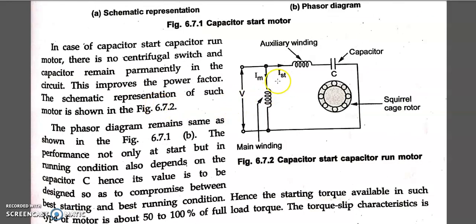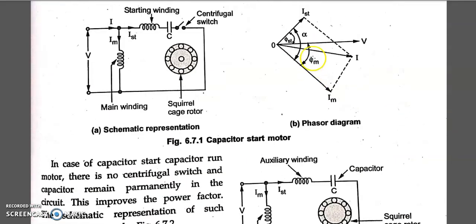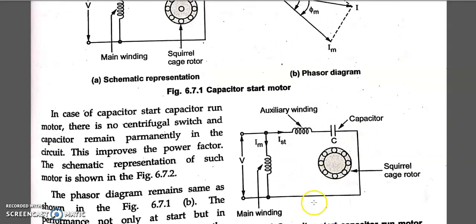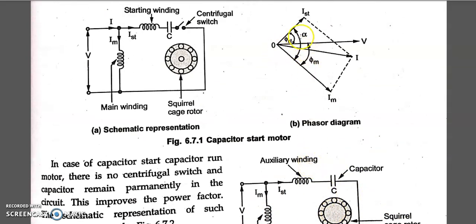Now let us see the capacitor start capacitor run induction motor. Here we don't have any centrifugal switch. The same thing happens here. I supplies IM and IST. Again IM lags the voltage by less than or equal to 90 degrees, and IST leads the voltage, and the same phasor diagram applies for capacitor start, capacitor run. Alpha is created between IST and IM.